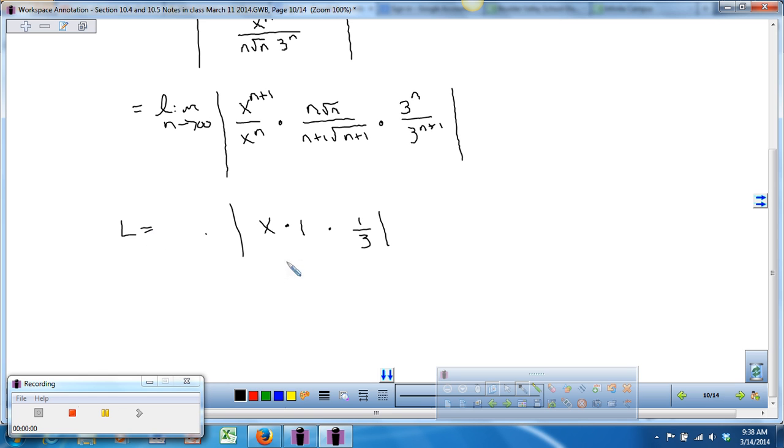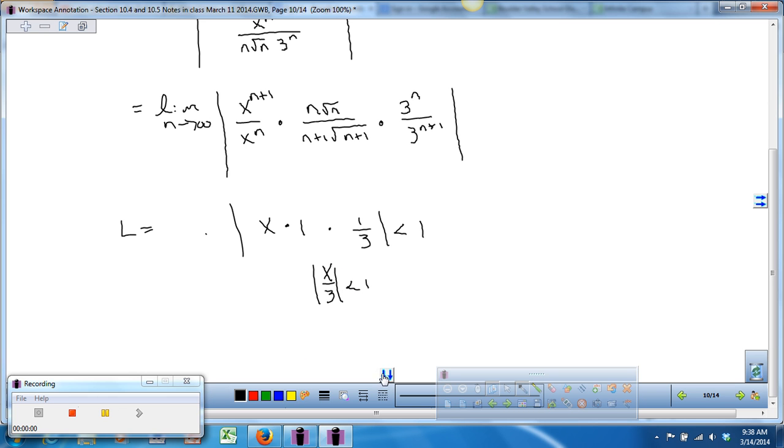L equals that. Now, what has to be true for this to converge? Our limit has to be less than 1. So we want to take our simplified expression, which may still have an exponent, and set that less than 1. So we have the absolute value of x over 3 is less than 1.